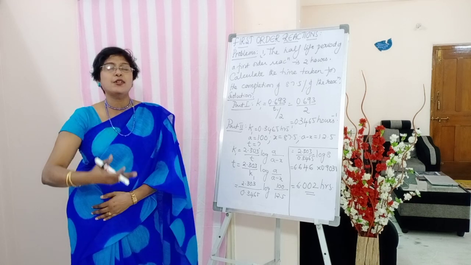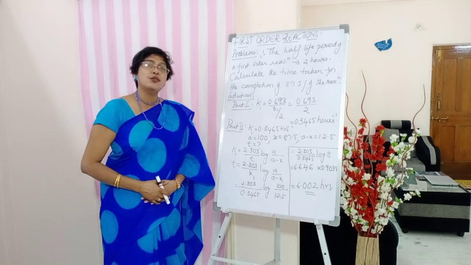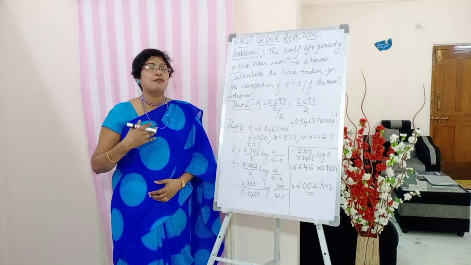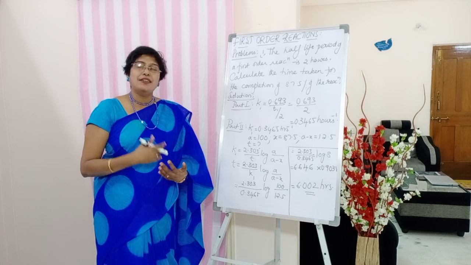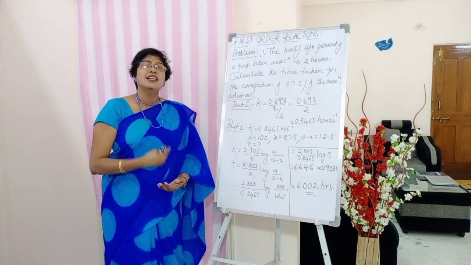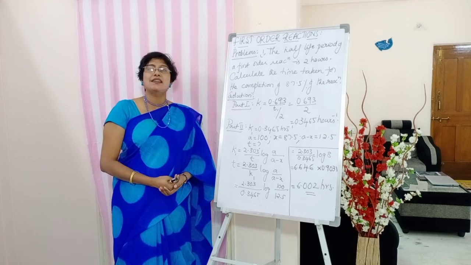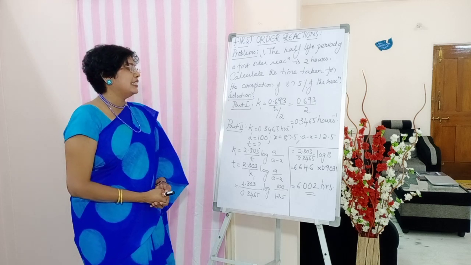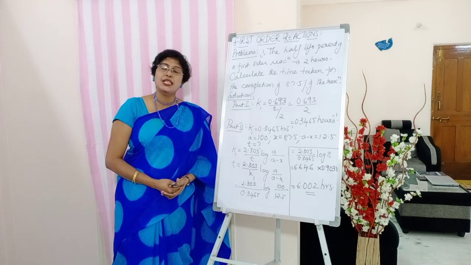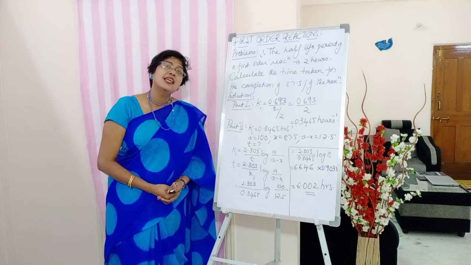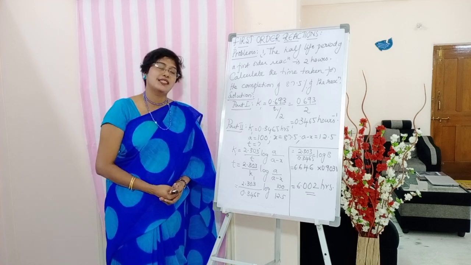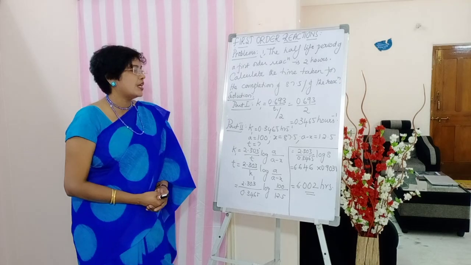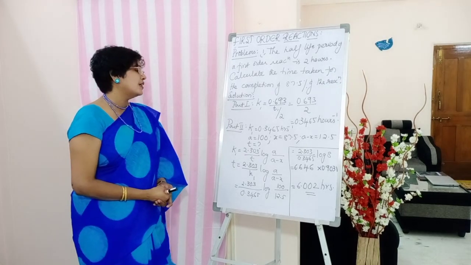That is the decomposed concentration, for which we use the letter X. So if we take A as 100, X is 87.5. From these 2 values we can determine A minus X. That is too easy. A minus X is 12.5 moles per liter.